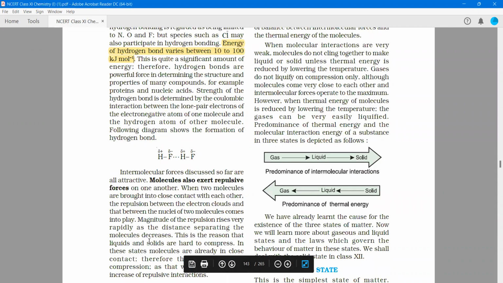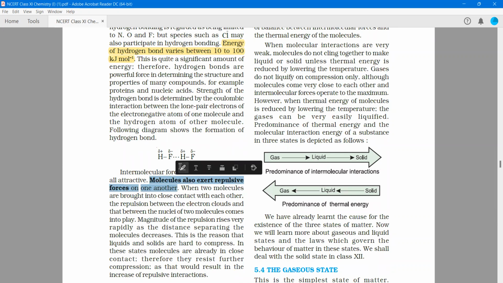Intermolecular forces discussed so far are all attractive, but molecules also exert repulsive forces on one another. When two molecules are brought into close contact with each other, the repulsion between the electron clouds and that between the nuclei of the two molecules comes into play.